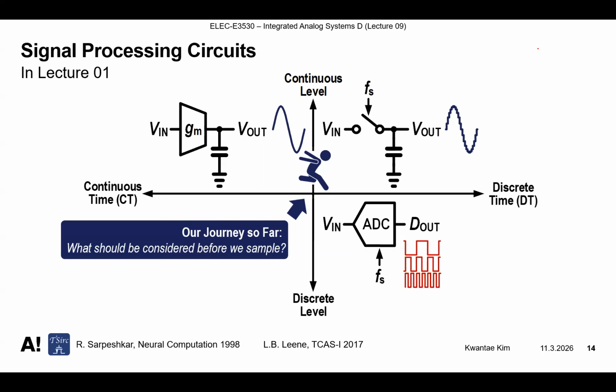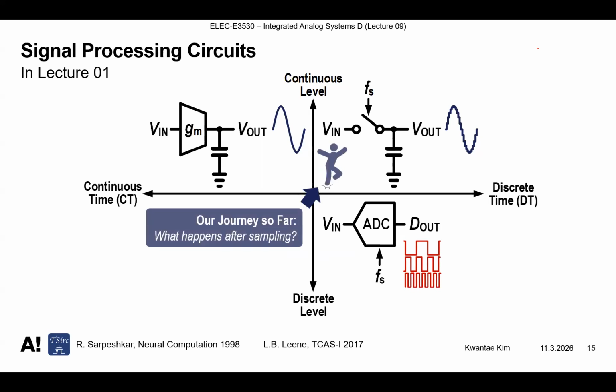For the time-wise, we can divide as continuous time and discrete time, with the boundary being whether we sample the input analog signals with a certain frequency, or a certain time period.